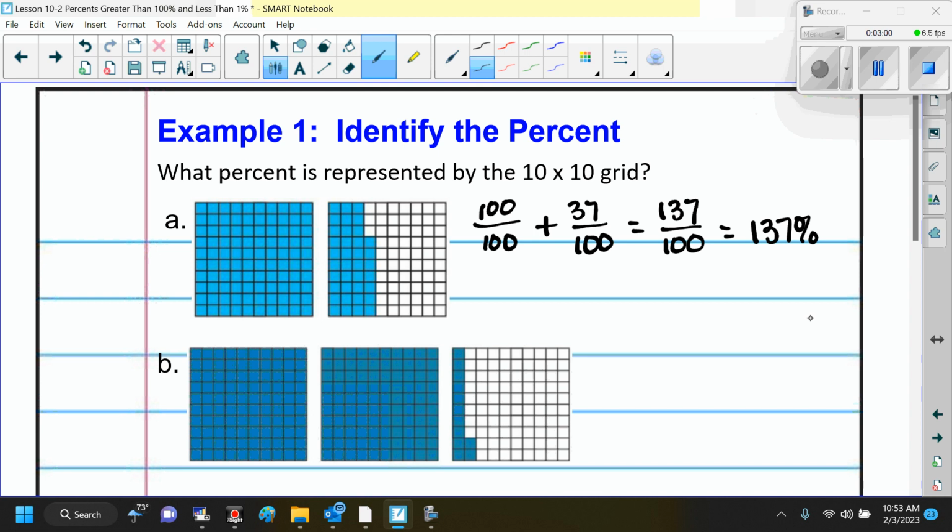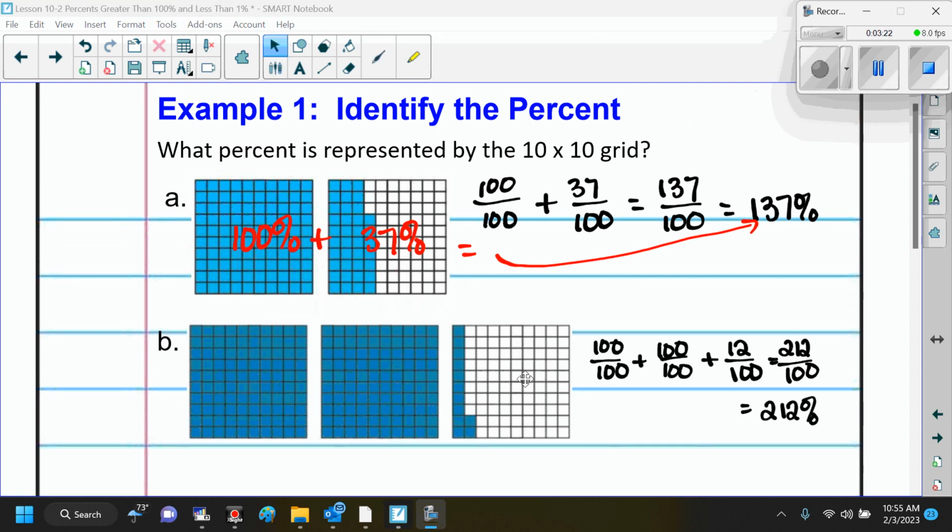Is everybody clear? So if I go on to the pictures, this is 100%, this is 37%, and if we add those together, we're going to get 137%.